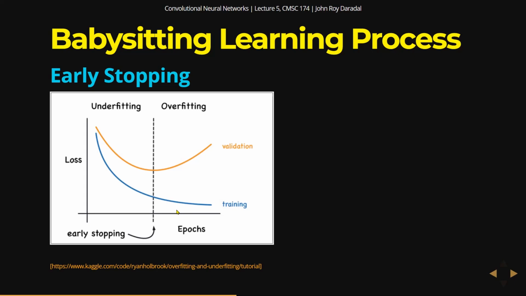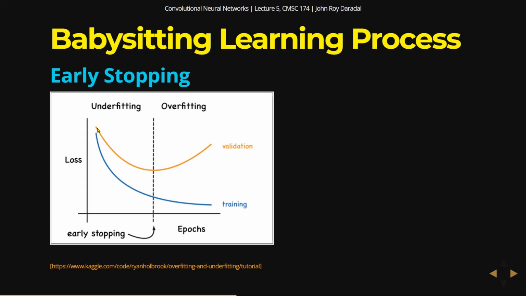And if the loss is already starting to go upwards, then it's also time to stop the training, because you are now overfitting, especially if it's the validation curve that is going upwards. Usually the training loss keeps going downwards, because it could end up memorizing the whole training set, but you have to monitor the validation curve.